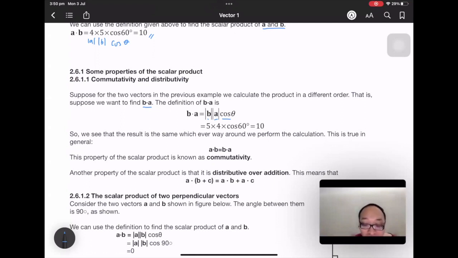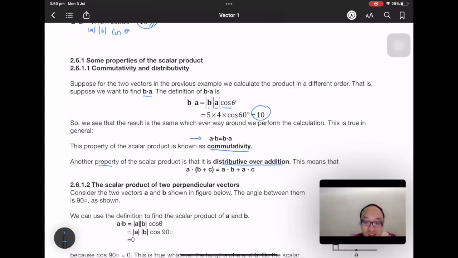So 5 times 4 cos 60 equals 10. So this result is the same as this result. So that's why we can say that A dot B equals B dot A. So it's called commutative.